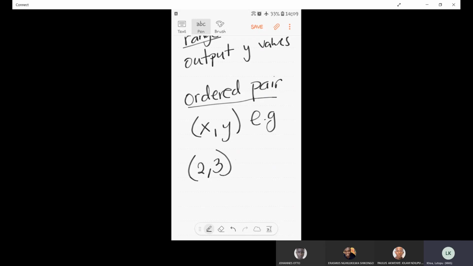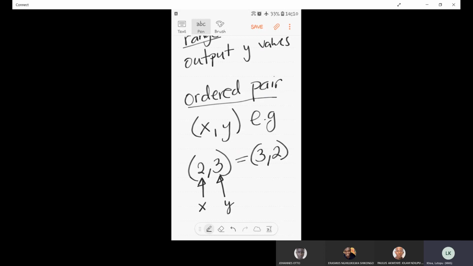So you'll notice that 2, 3 is not the same as 3, 2, even though in both of them you have a 2 and a 3, but because in the first one 2 comes first and then y, it is not the same as when 3 comes first and then y. So this represents the x coordinate and that represents the y coordinate. Okay, so it's ordered, that means the order matters, and pair, it is two of them.